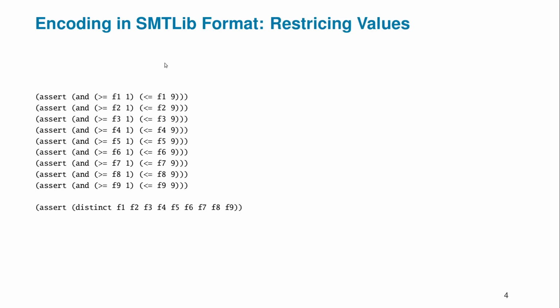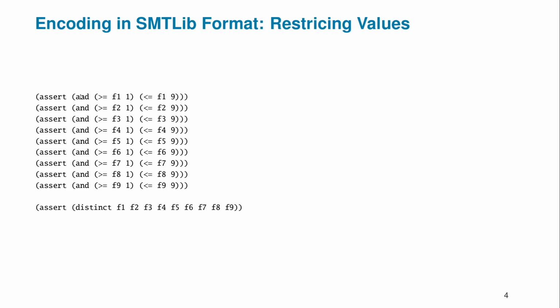Then we have to state the restrictions on the values the variables may take, and constraints are started with the keyword assert. Maybe you know this from a programming language, where you can also add assertions which say that at a certain point in the program execution some Boolean expression has to hold. Here the assert statement has a similar meaning, and its argument is a formula, a Boolean expression.